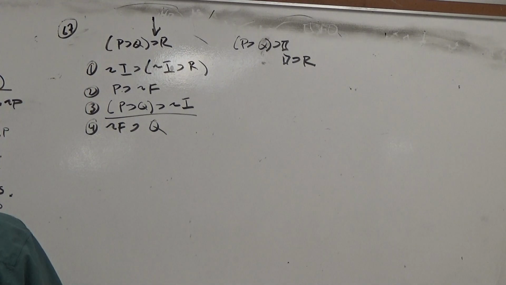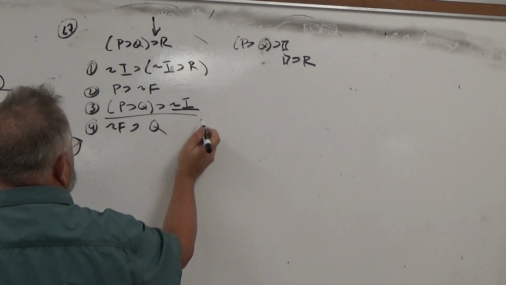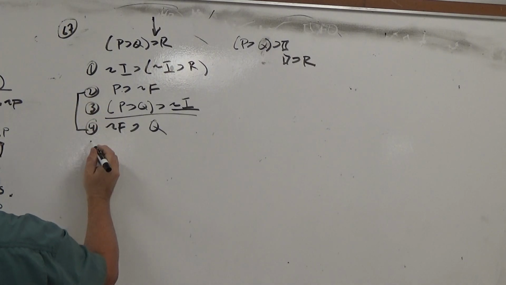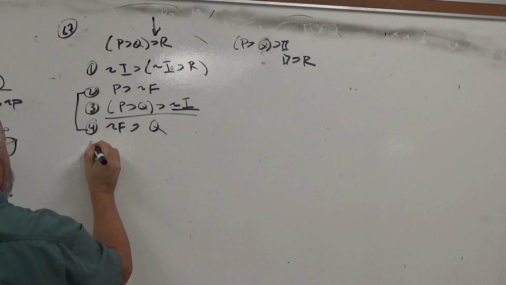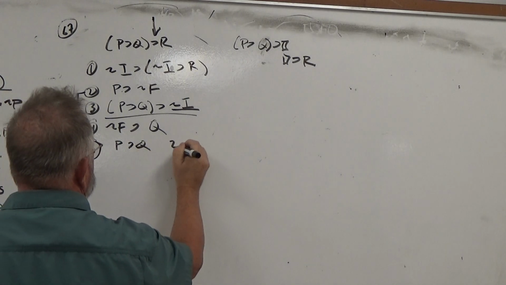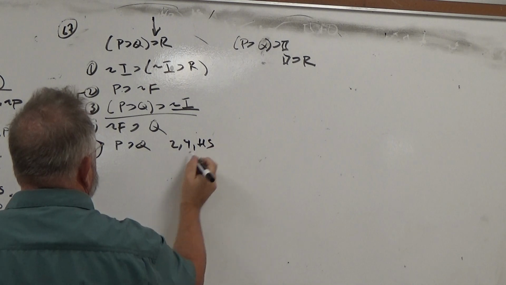And where am I going to get a not I? I can get a not I from line 3 if I had P then Q, which I don't have, but I can put one together from 2 and 4. Get P then Q, 2, 4, HS.